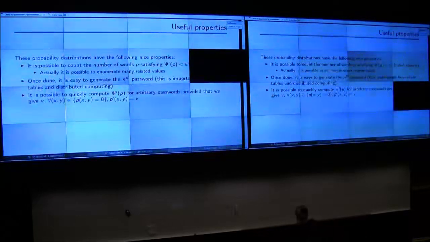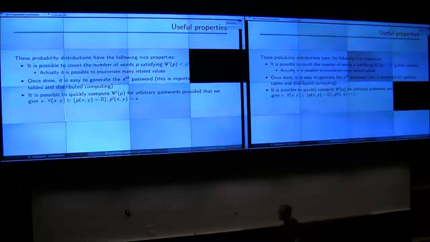Okay, so why did I say that this probability distribution has nice properties? The first of all is that if you give a certain value, you can quickly compute how many passwords actually are matched by this filter, which means, for example, when I say Markov level 250, I can compute very quickly how many passwords will be generated by this filter.